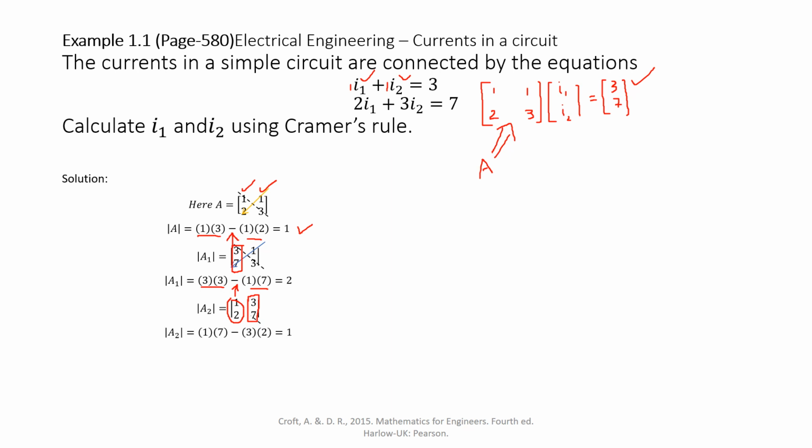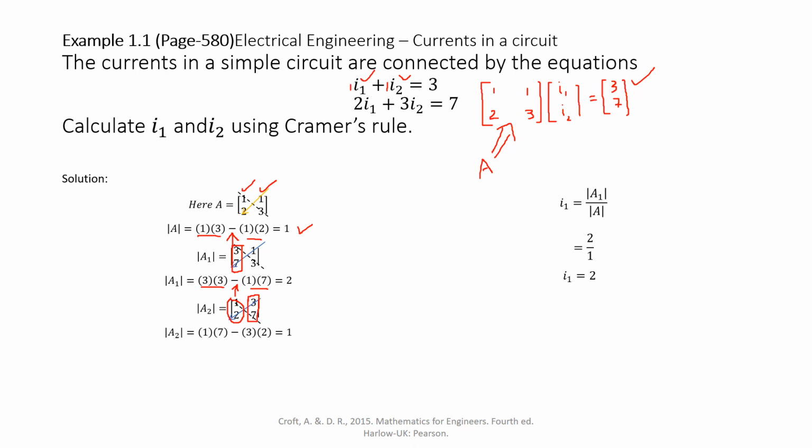Now let's solve it. 1 into 7 minus 3 into 2 equals 1. Now according to the definition, A1 determinant by A determinant, so the A1 determinant value is 2 and the A determinant value is 1.